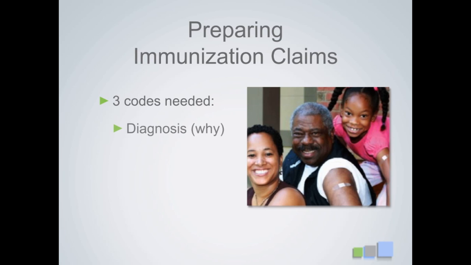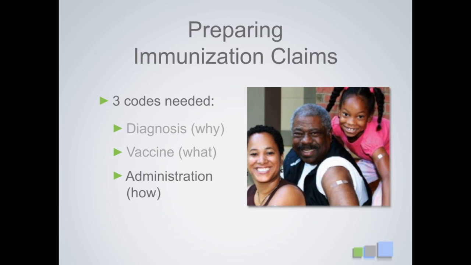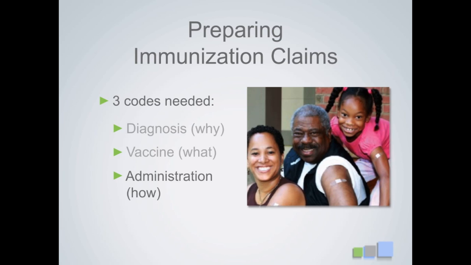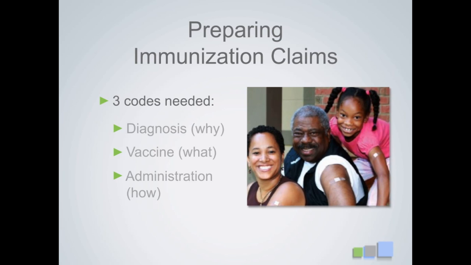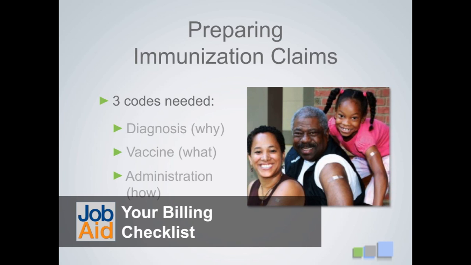These include the diagnosis or why the patient is getting this vaccine, the vaccine code that specifies what vaccine was given, and a vaccine administration code that indicates the vaccine route or how the vaccine was given. These 2 tips and other information on billing will be available to you on the downloadable job aid, Your Billing Checklist. Now we'll look at each of these code types in more detail.